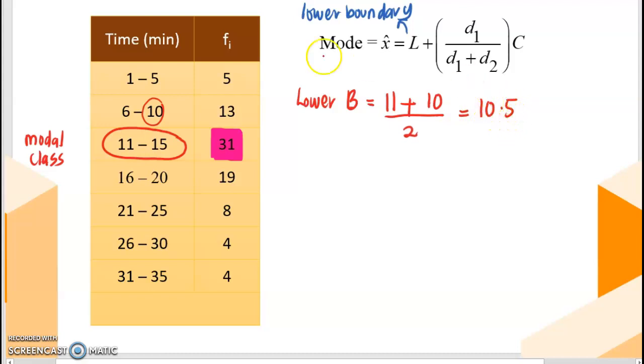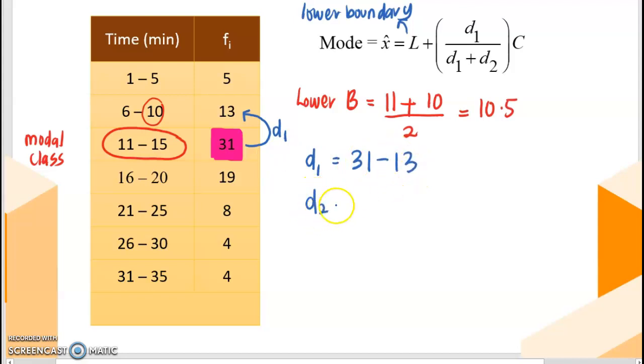Okay, next we are going to find D1 and D2. D stands for the difference. D1 is the difference between the highest frequency with the frequency before. So this one will be D1: 31 minus 13.